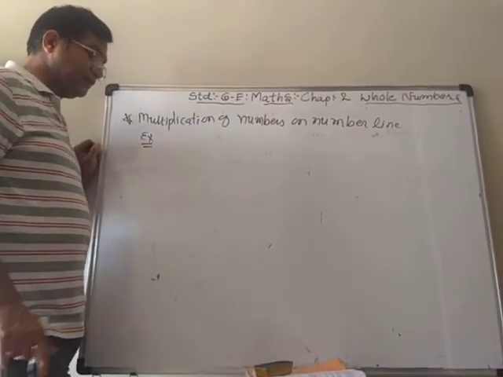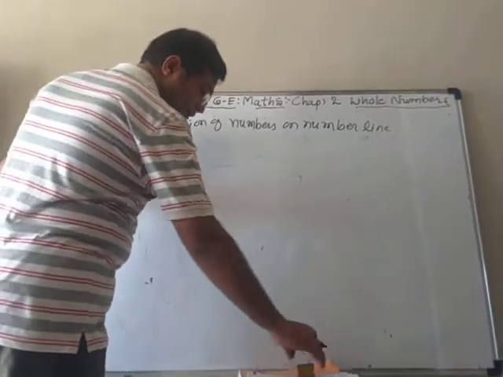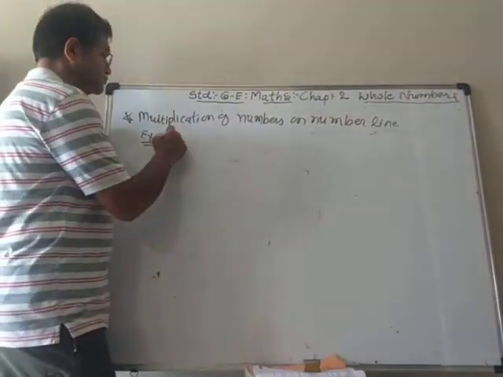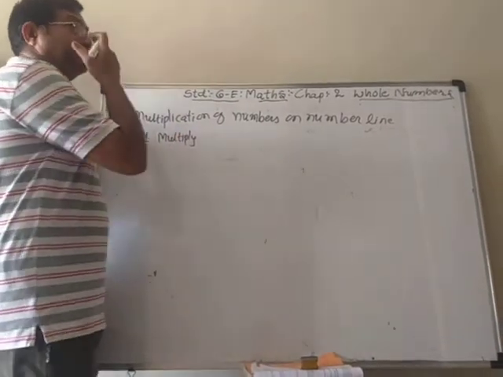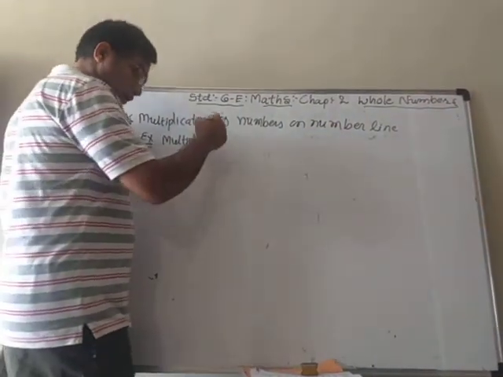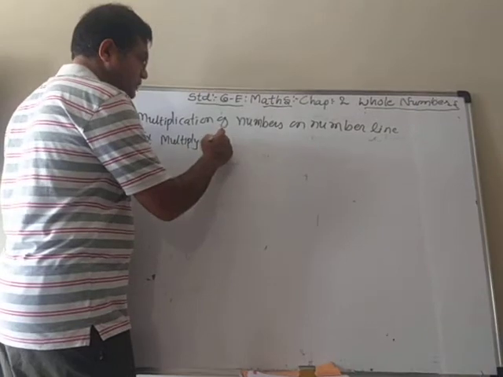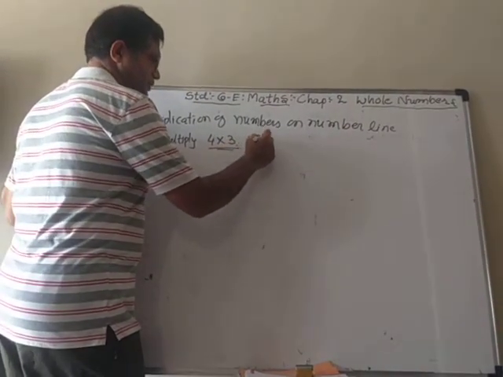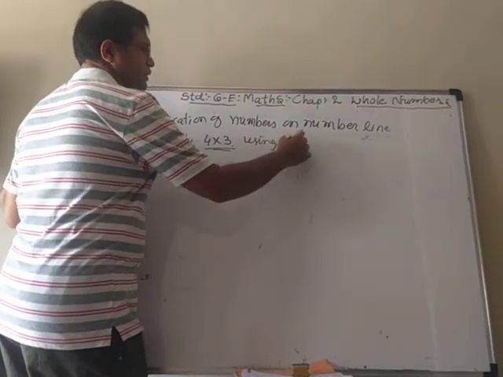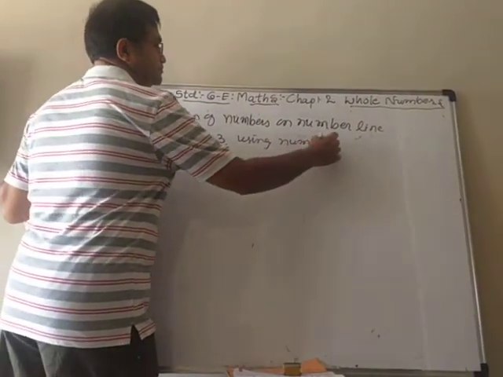So rather, take it with an example, like multiply, let's say, 4 times 3 using number line.